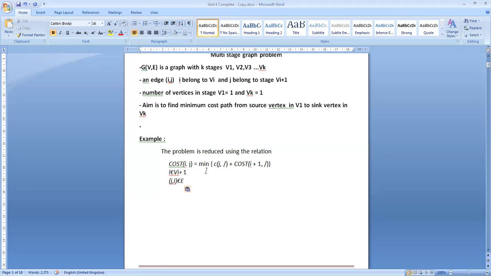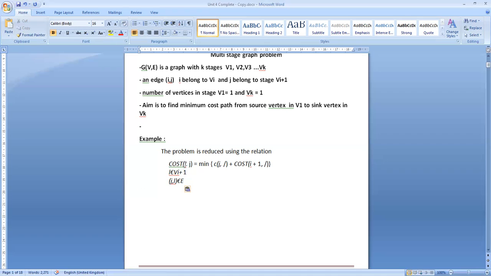So the minimum of cost of (j, l), that is from the vertex j in the stage i to l. Where does this l belong? l belongs to the next stage Vi plus 1.